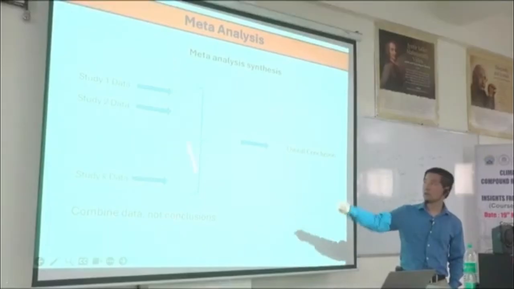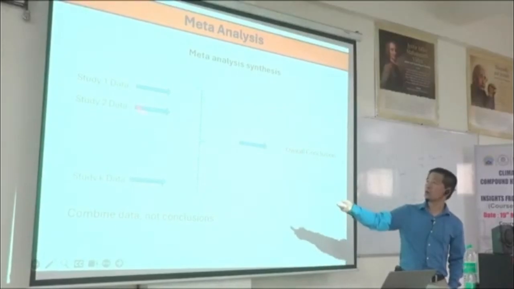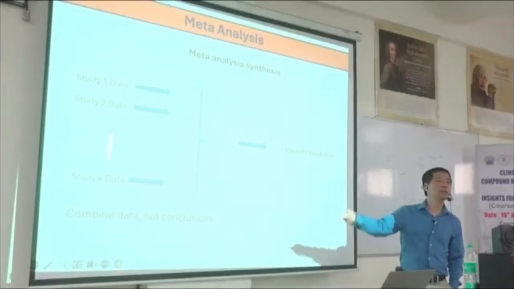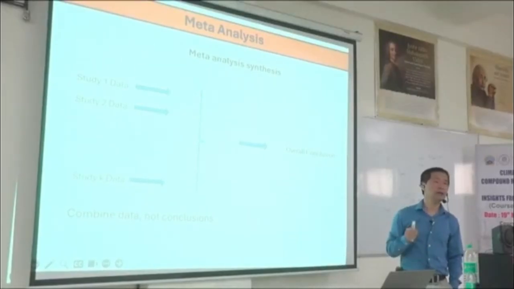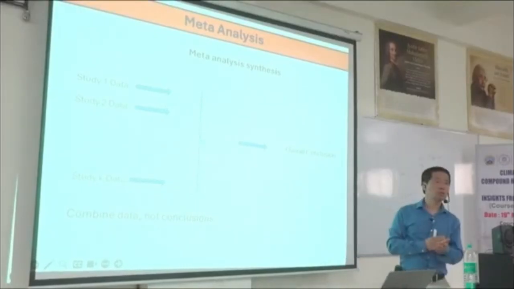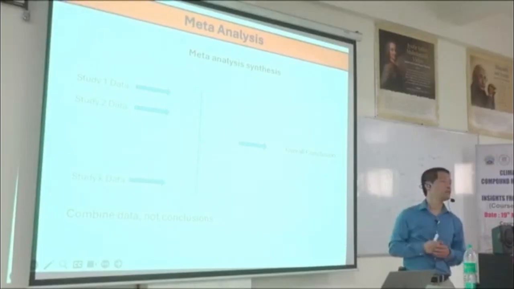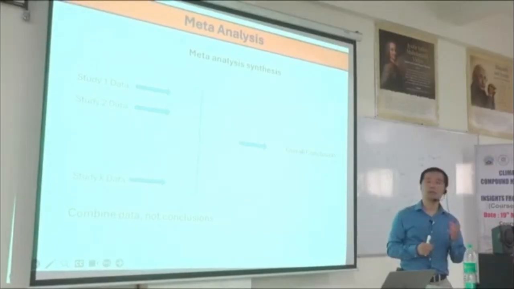You don't combine the conclusions. Your own conclusion relies on the combination of all the data. That is the difference between the traditional way of data synthesis in a review paper and meta-analysis. I want to make sure you understand the difference.